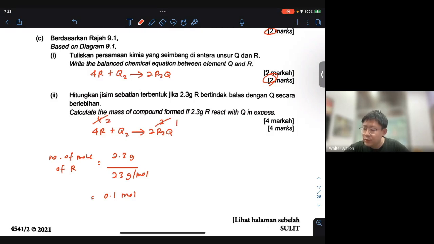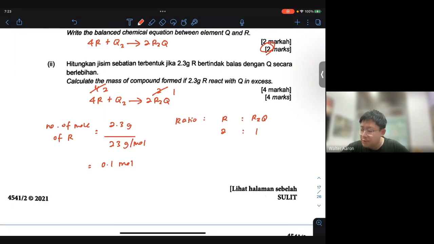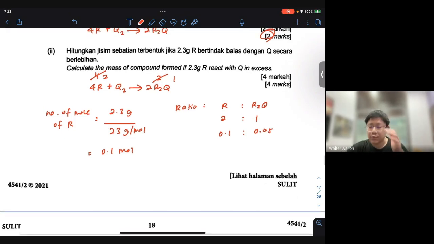So we know that the ratio between R to Q will be 2 to 1. So therefore, the number of moles of R to Q should be 0.1 to 0.05 mole. Okay, this is just to compare in terms of ratio.